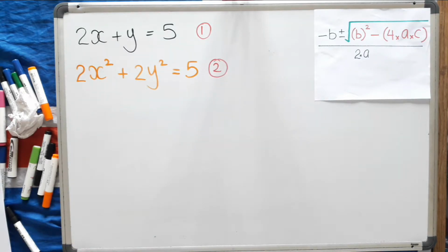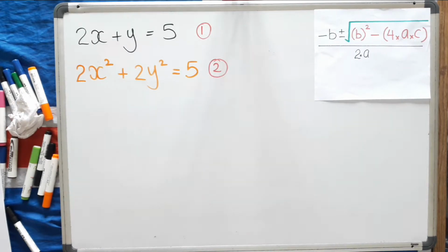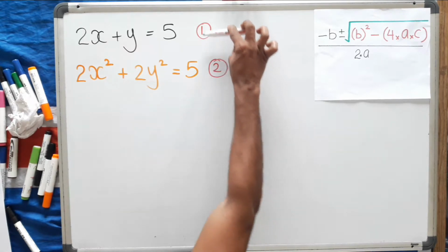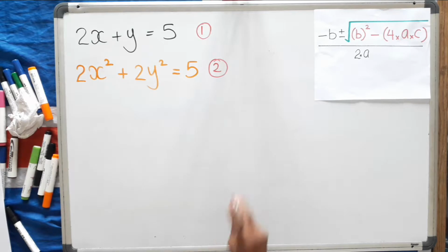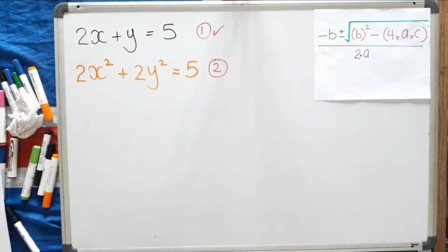Now, here's the thing. You have two equations, so you need to choose one of the equations. Here's my advice. Always choose the easier looking one out of the two. Out of these two equations, which one you think looks easier? Clearly, it would be equation 1, right?